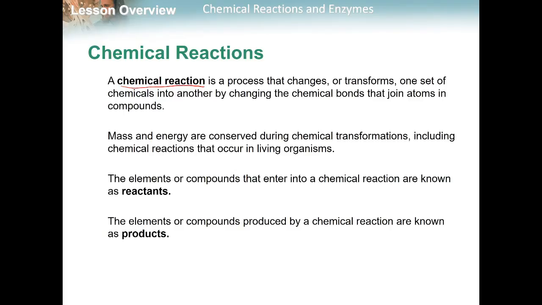Okay, but when they joined together, it made table salt. That's a chemical reaction. And I was describing a chemical reaction to you then, and it actually changes the chemical properties of the individual atoms.